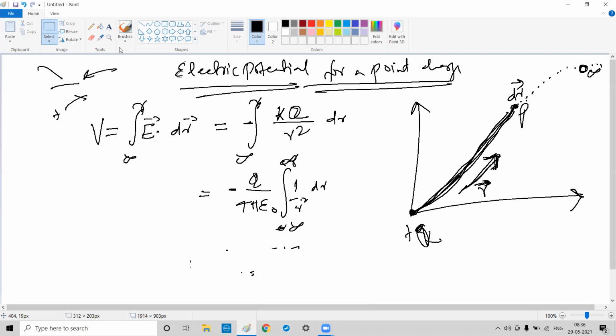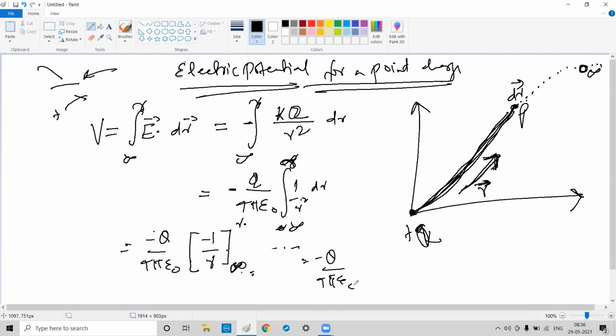So what will our integration be? It will be minus q by 4 pi epsilon naught, and this becomes minus 1 by r, and you have to apply the limits from infinite to r, the lower limit and upper limit. First substitute r: it will be minus q by 4 pi epsilon naught into minus 1 by r.